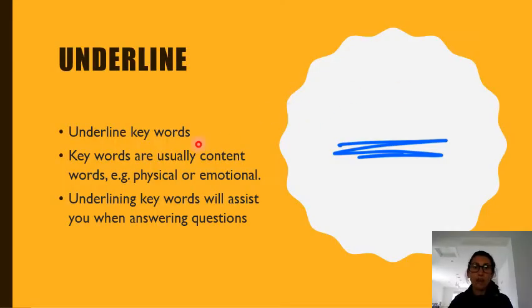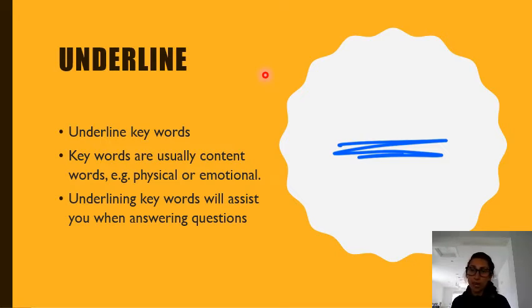Underline those key words. Keywords are usually content words, so physical or emotional. So within that question that we just had, you might underline when it's stating physical. Underlining the keywords will assist you when answering questions as well. Going into exams can be quite daunting, and I know that personally as well.